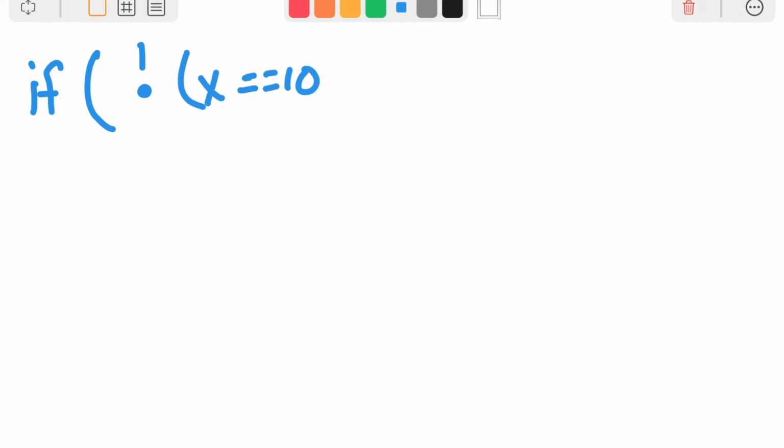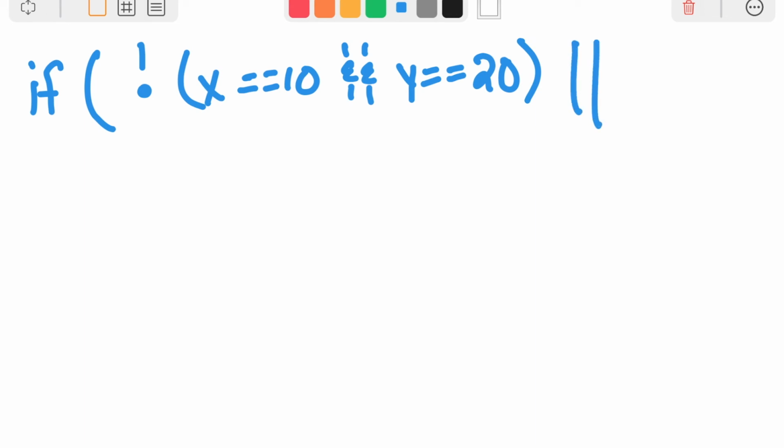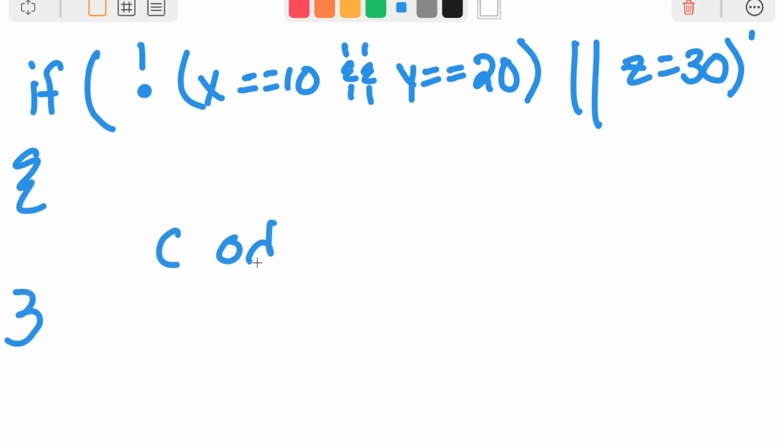I want to do one more example, and it's going to be this one. If, so this is saying if x equals 10 and y equals 20, not or z equals 30, code.